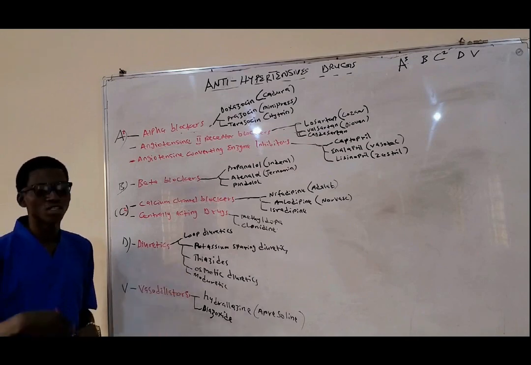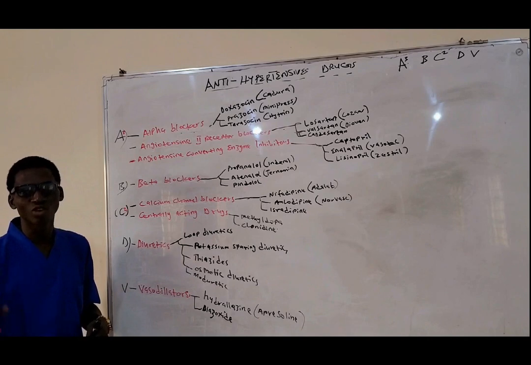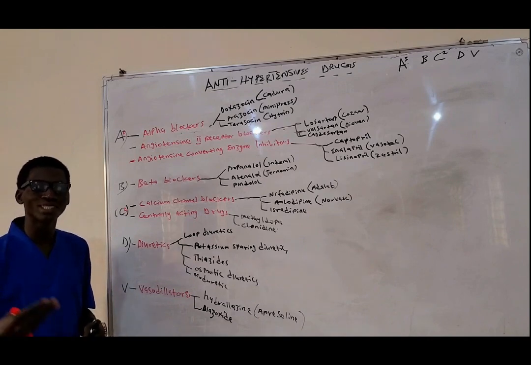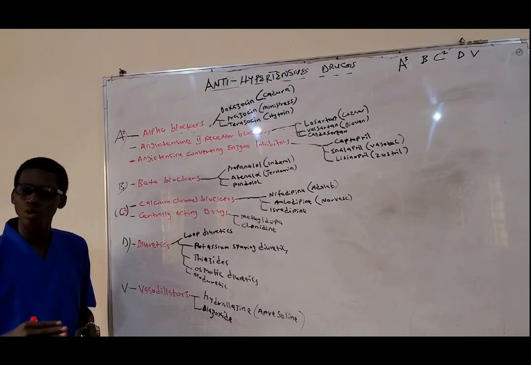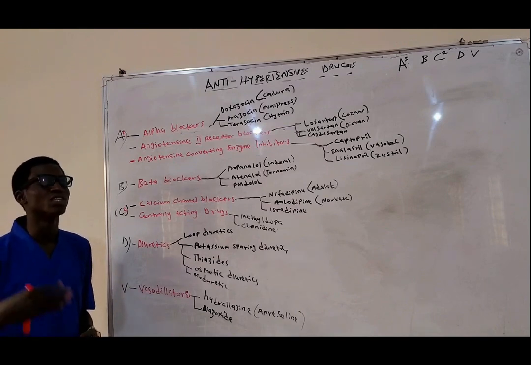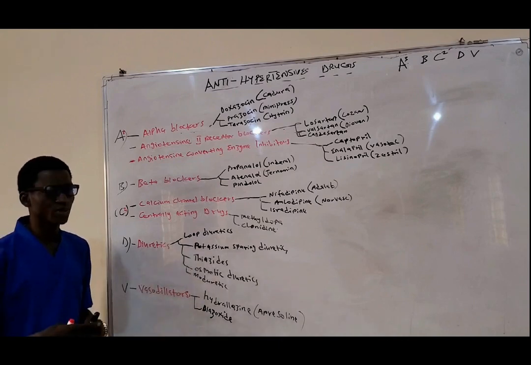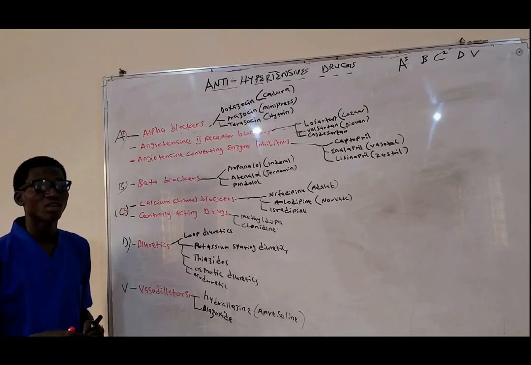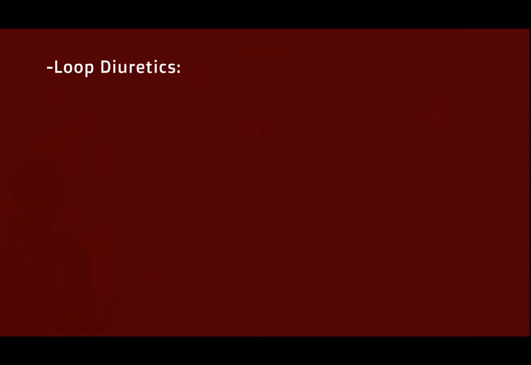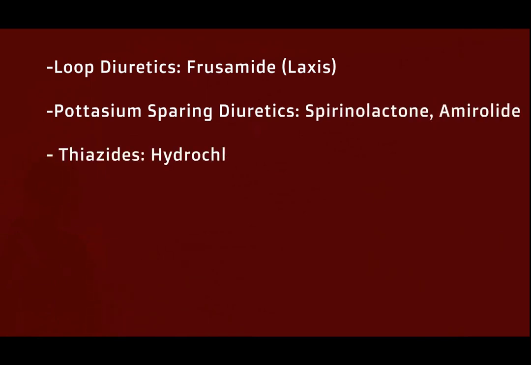So what this drug does is to retain more potassium during urine formation so that enough sodium will be eliminated, which will decrease blood volume. And if blood volume is decreased, that means the blood pressure is also going to decrease or fall. Examples of potassium sparing diuretics are spironolactone and amiloride. Spironolactone and amiloride are examples of potassium sparing diuretics.